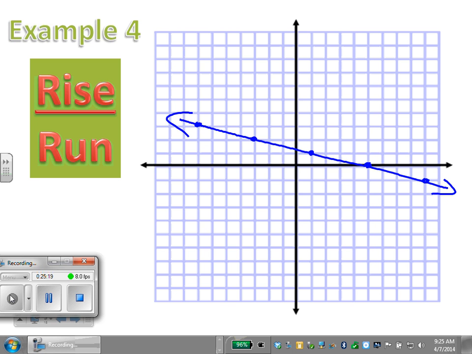Okay, Jimmy? 4 over negative 1. Okay. Is that what Sean likes? 4 over negative 1. What does Wesley think? No. You can. You got negative 4. Okay.